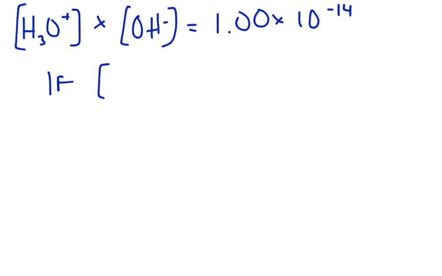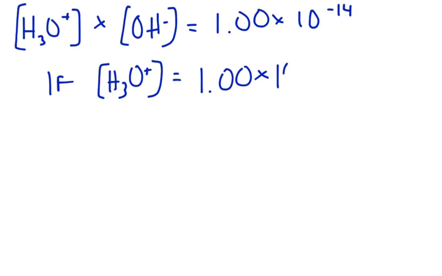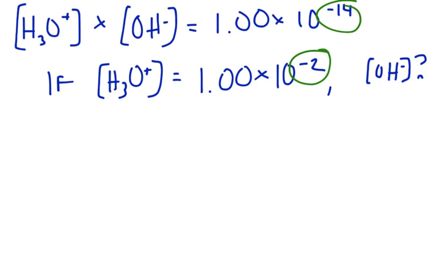If I told you that your hydronium ion concentration was 1.00 times 10 to the negative 2, and I wanted to find out what your OH was, I know you're thinking to yourself, oh my gosh, this is complicated math. No, it's not. All you have to do is look at your exponents.